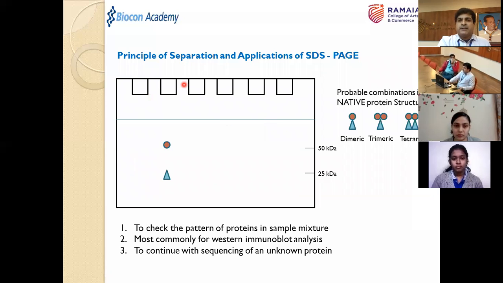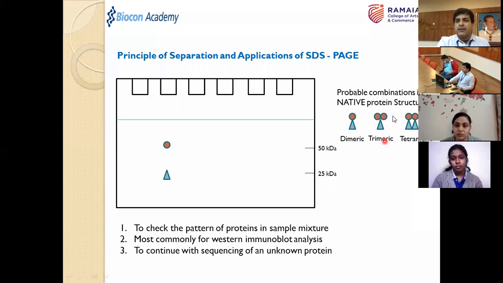So, applications or analysis of these samples after separation on SDS-PAGE. In this slide, I have just given you the depictions. As we discussed, the quaternary structure: proteins are multimeric, with many monomers. For example, dimeric means two polypeptide chains are connected.